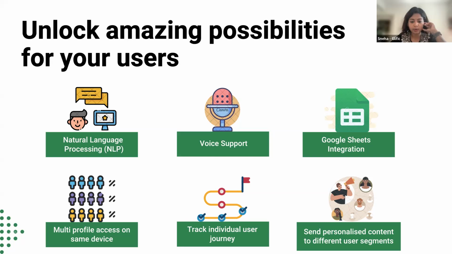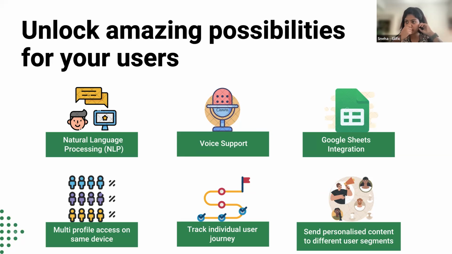There's also voice support. A lot of NGOs currently use Google Sheets to manage our work and our data. So Glyphic offers Google Sheets integration, where instead of updating the content every time on the flows, you can put it on Google Sheets, integrated with the Glyphic platform, and all the content will be pulled from your Google Sheets.